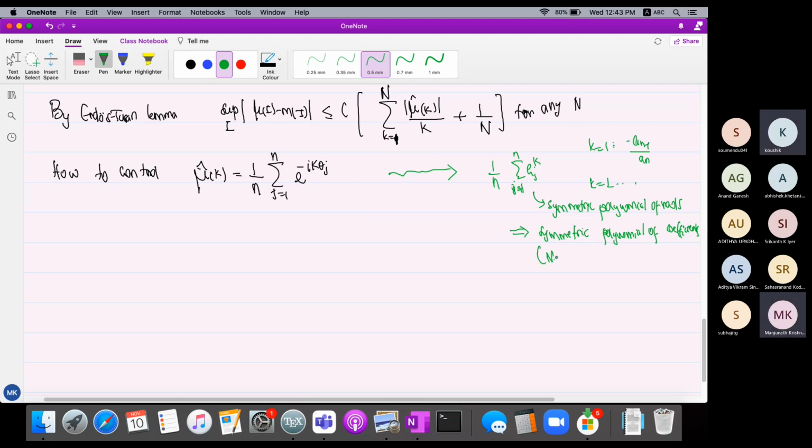These are called Newton's identities. We saw this in that Pisot-Vijayaraghavan context.